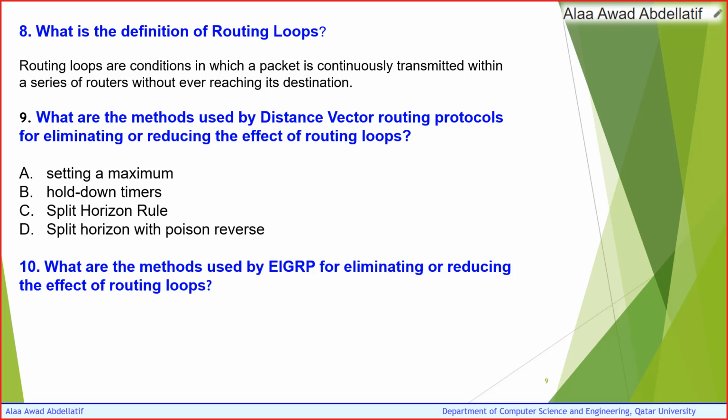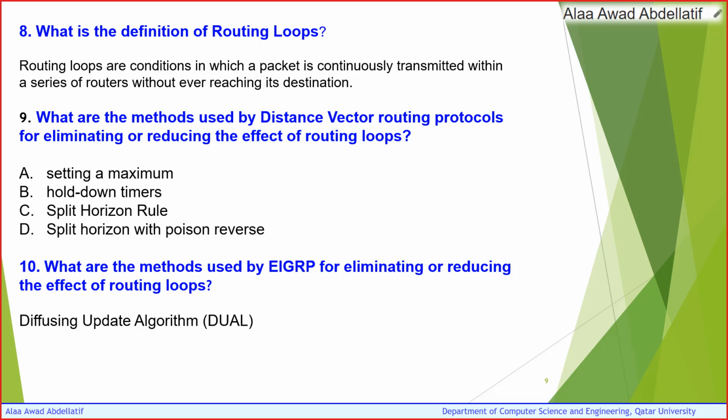So it's very important to know these four methods and the definition of each method, or how each method works. These four methods are used by distance vector routing protocols to solve routing problems. On the other hand, what methods are used by EIGRP for eliminating or reducing the effect of routing loops? For EIGRP, we use the diffusing update algorithm, or DUAL algorithm, to eliminate routing loops.